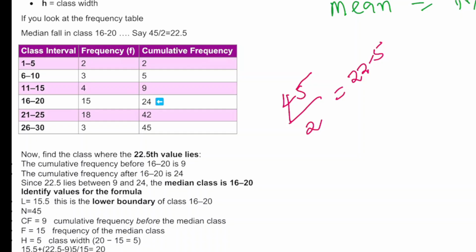Where is 22.5 appearing? It is appearing between class 11 to 15 and 16 to 20. That's where it's appearing.